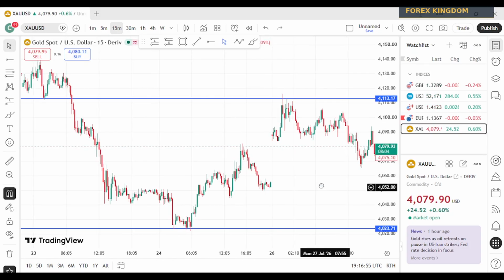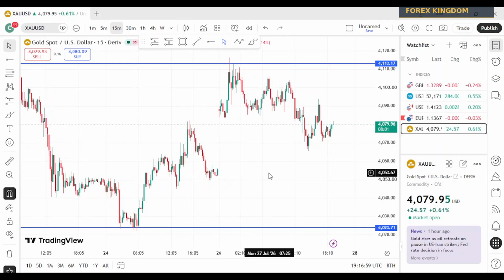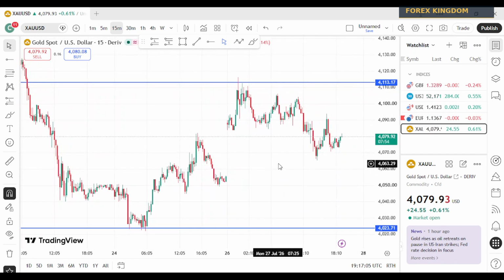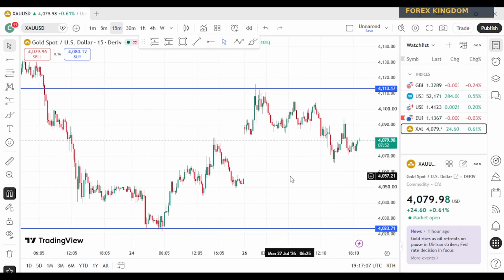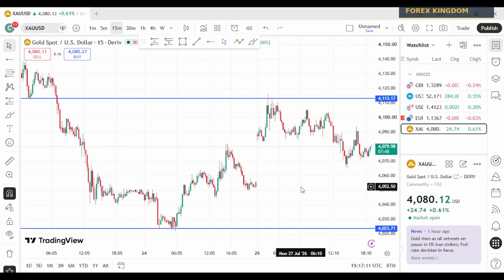So what logic is in play at this point? What concept is behind change of character? The concept behind change of character, as I can observe, is what we call an order block: the last opposing candle before the break of structure. What does this mean?